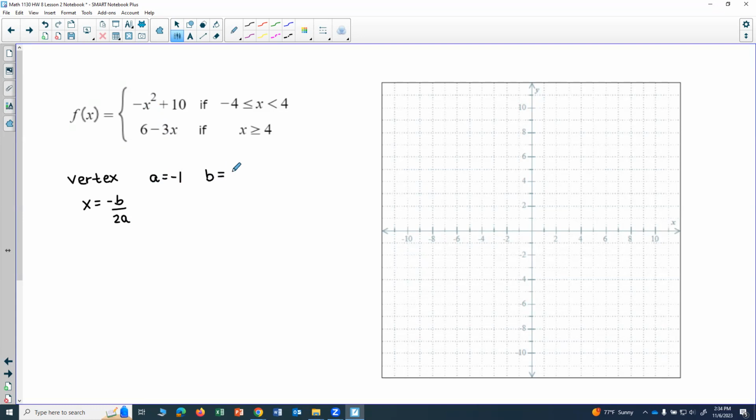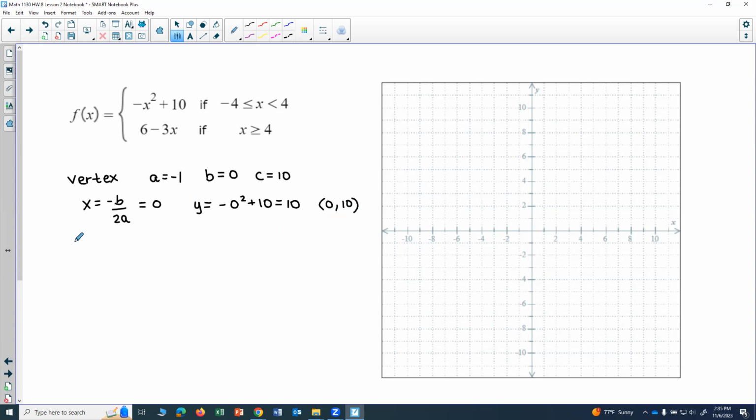There's no x term, so b would be 0. And then c is 10. So because b is 0, the x value of the vertex will be 0. The y value we always get by plugging in the x value of the vertex. So I'll get negative 0 squared plus 10, which is just 10. So my vertex happens at the point 0, 10.